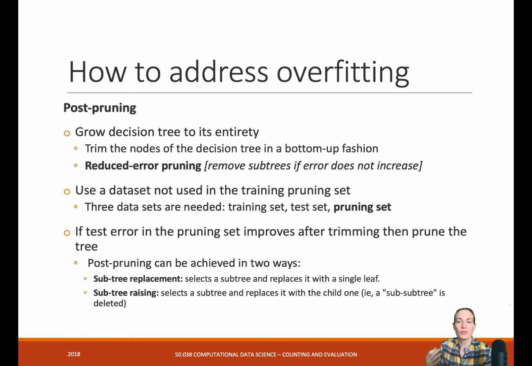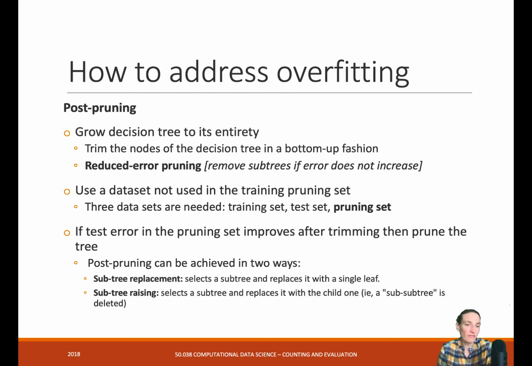A node is removed if the resulting tree performs no worse than the original on the validation set. So it removes coincidences and errors. Nodes are removed iteratively, choosing the node whose removal most increases the decision tree accuracy on the validation set. This kind of pruning usually continues until further pruning is harmful, checking with the validation data set.